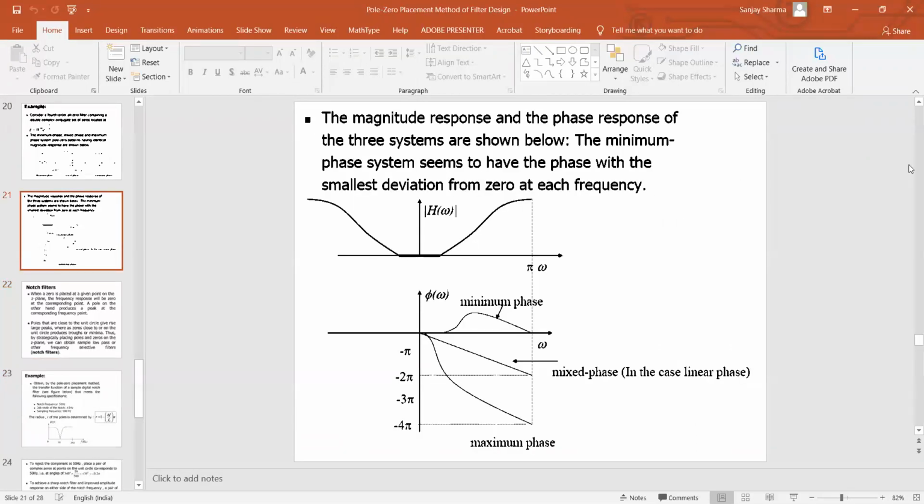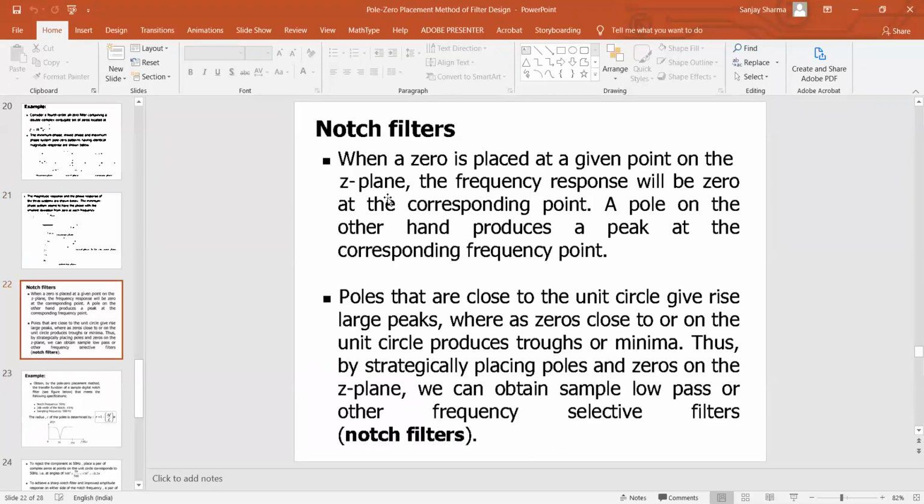Now let's go further into understanding the zero and pole behavior, and I consider the example of a notch filter. Let us try to see what this notch filter is. When a zero is placed at a given point on the Z plane, the frequency response will be 0 at the corresponding point.